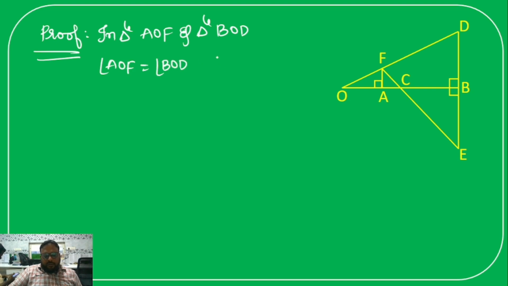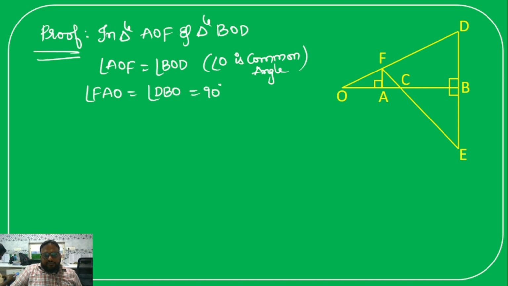That means O is the common angle in this. This is one done. And angle FAO is equal to angle DBO is equal to 90 degrees. Now I got two angles as equal.